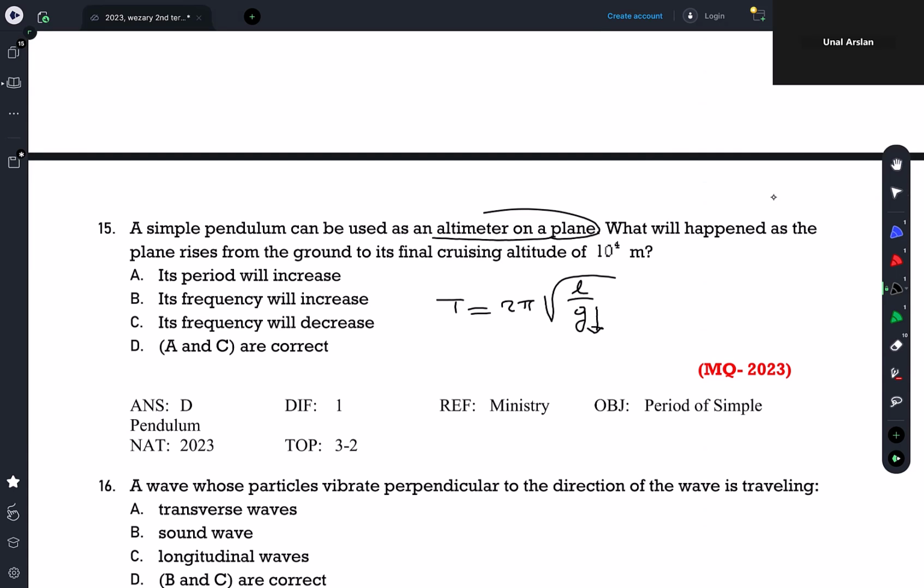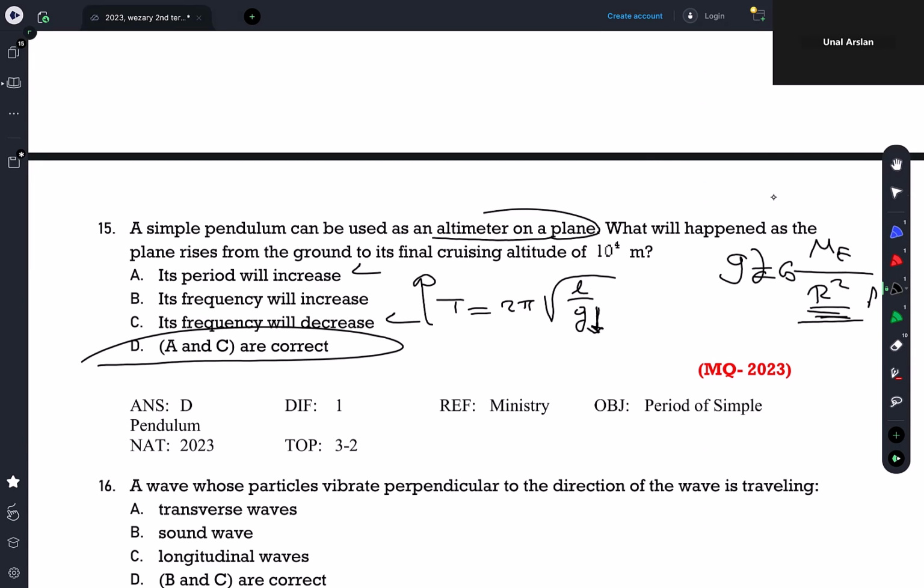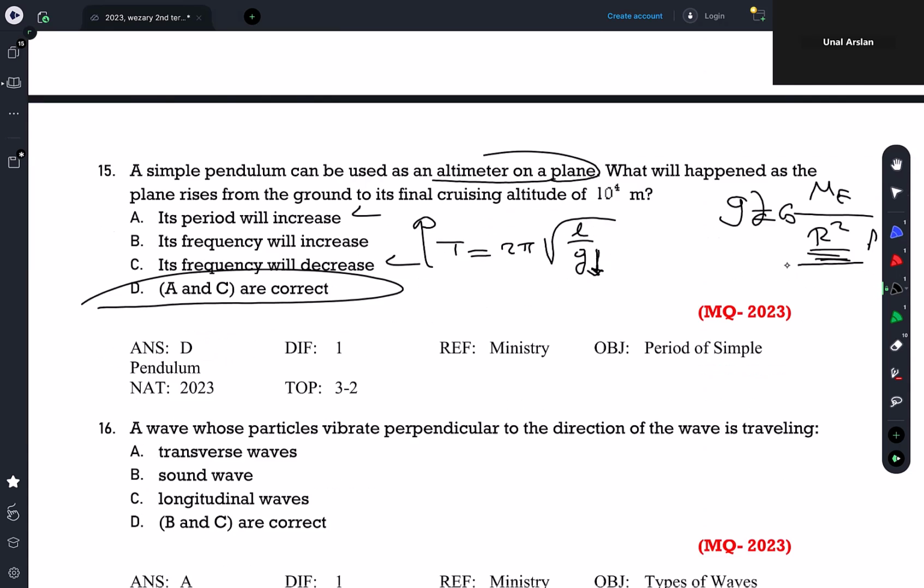From chapter 1, section 2, we know g is capital G times the mass of Earth divided by the square of the distance from the center of the Earth. As the airplane rises, of course r increases, g decreases. If g decreases, the period should increase. If the period increases, frequency should decrease because they are inversely proportional. Both A and C are correct.